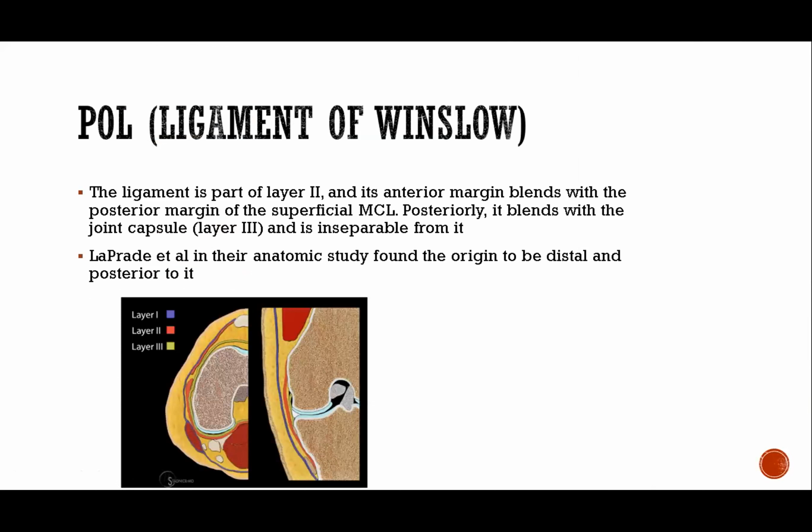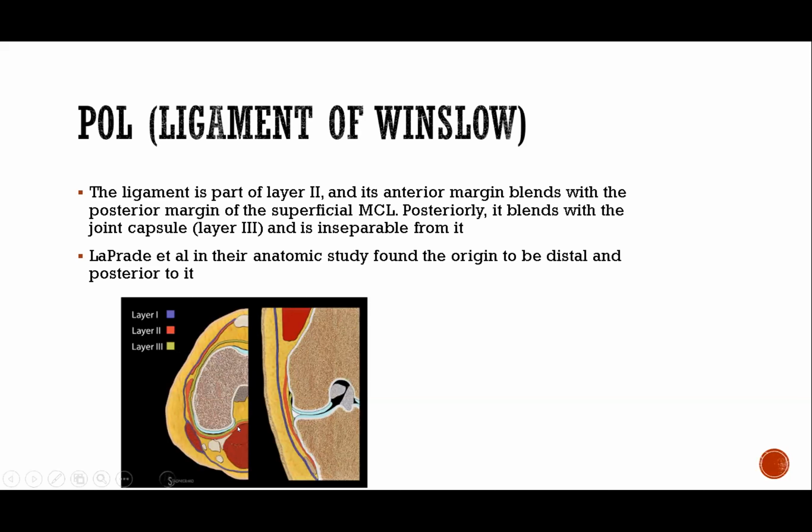And posteriorly it blends with capsular layer 3. So we can see this is the superficial MCL, and posteriorly will be the posterior oblique ligament, and it is attached to the joint from this point onwards.